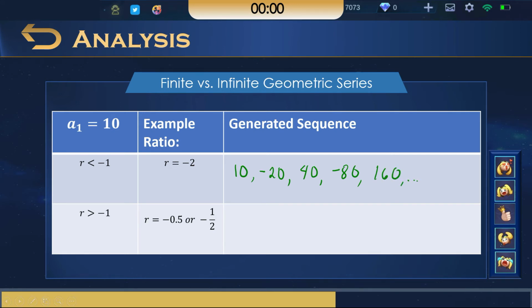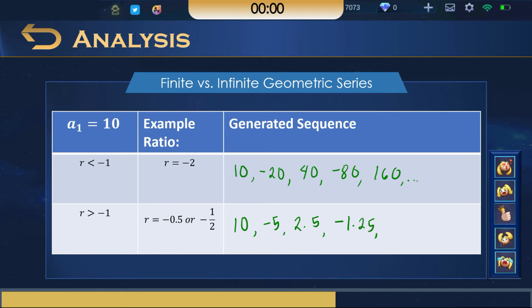And if we have the common ratio negative 0.5, we have the sequence starting from 10. 10 times negative 0.5, we have negative 5. Negative 5 times negative 0.5, we have positive 2.5. And 2.5 times negative 0.5, we have negative 1.25.